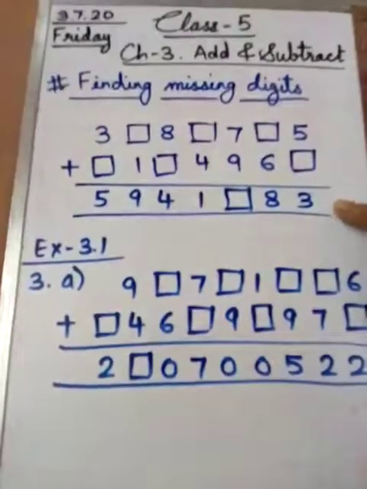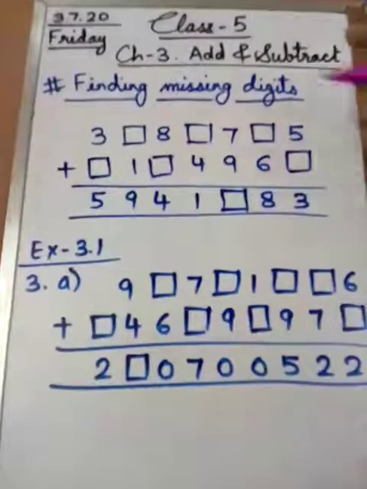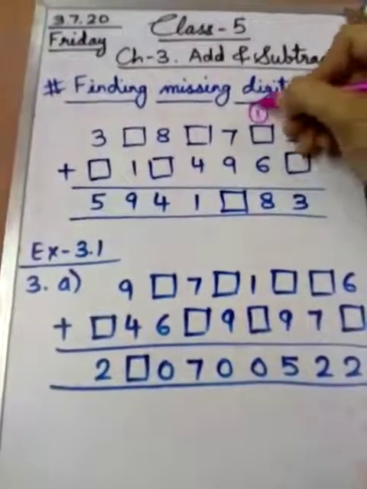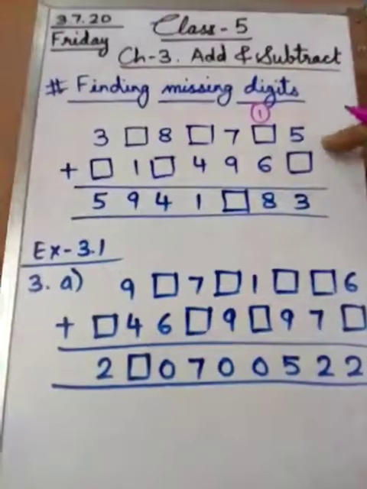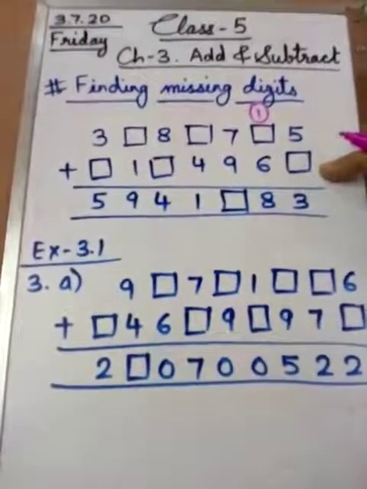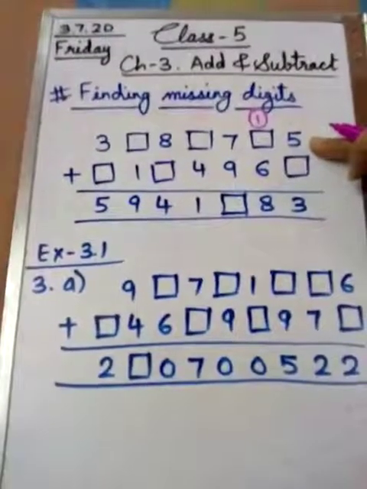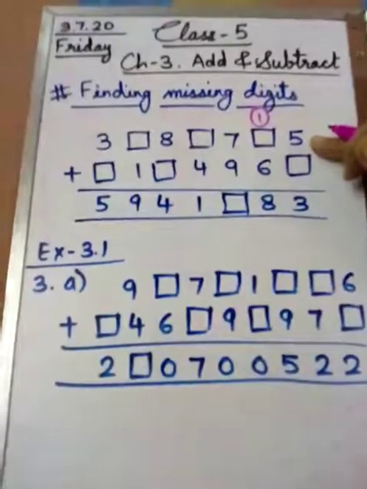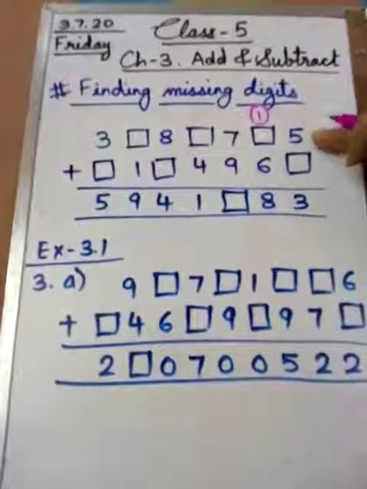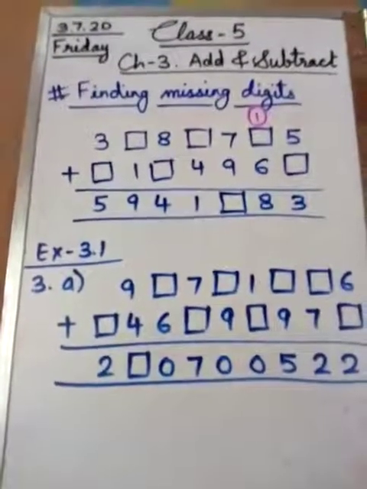So this means that we have a carry, and that carry is 1. So 13 would be the sum when a digit is added to 5. We have to use a formula which says sum minus one addend equals the other addend. That means 13 minus 5 will give the answer. 13 minus 5 is 8.